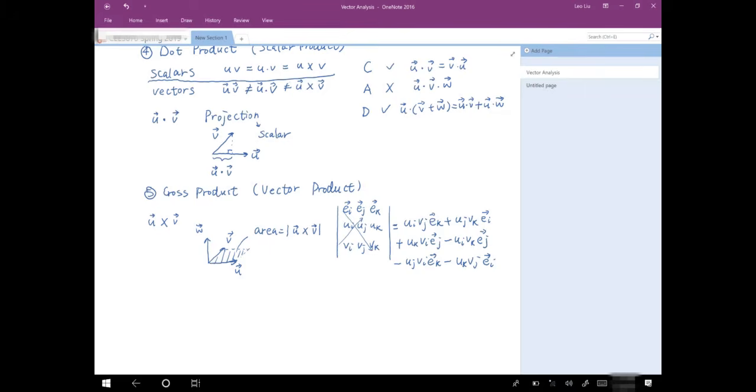And for the operation rules with the cross product, first, for C, one thing we need to remember is that it is not commutative, but instead is something called counter-commutative.